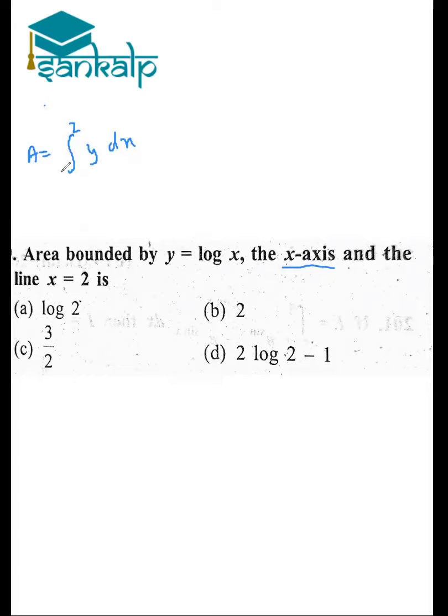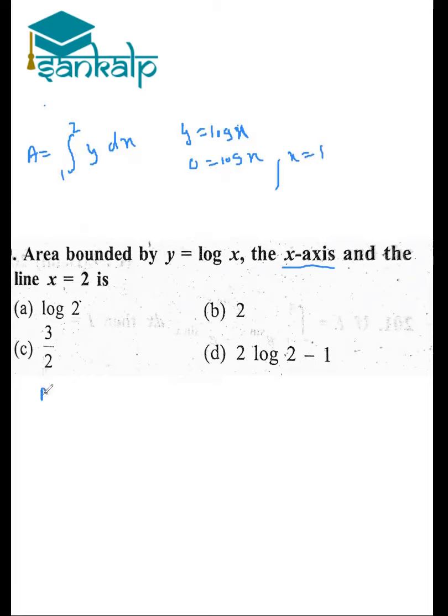So we make use of the given equation y = log x. When y is equal to 0, log x is 0, so x will be equal to 1. So one limiting value will be 1, another limiting value will be 2.